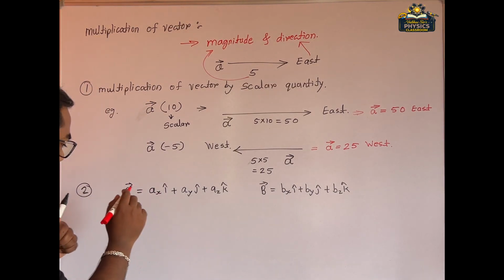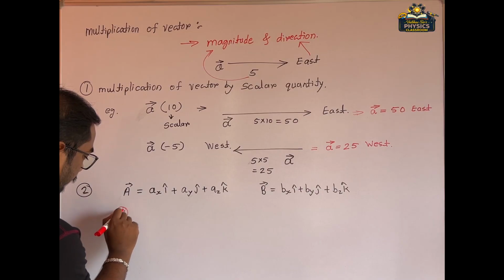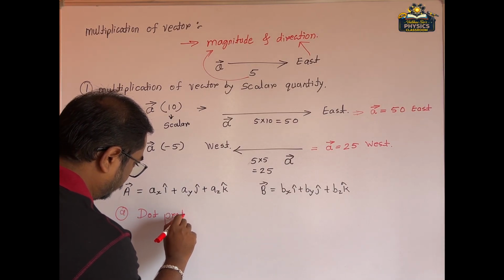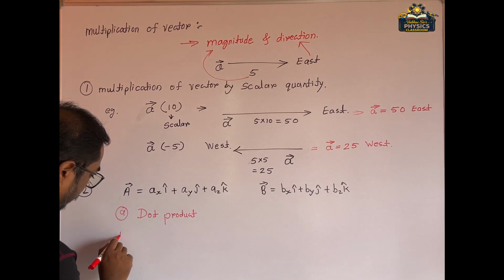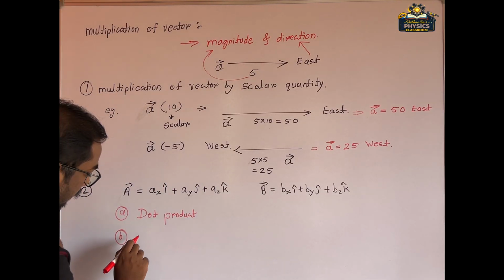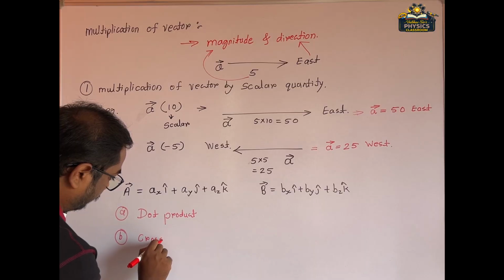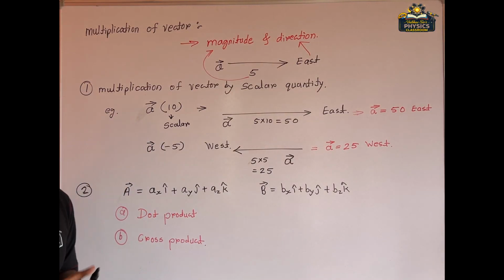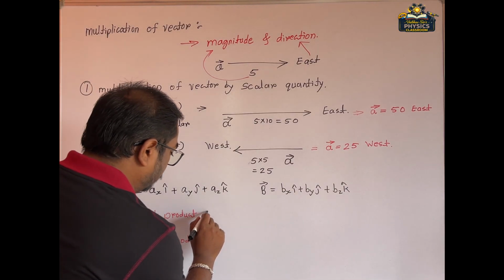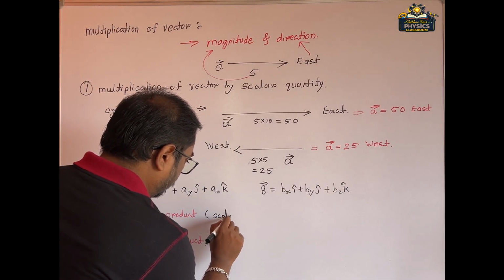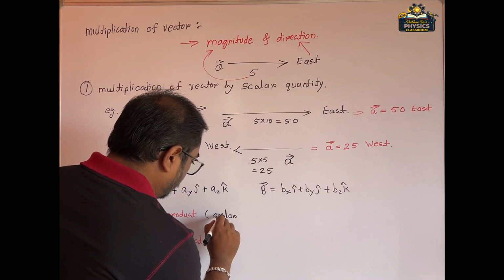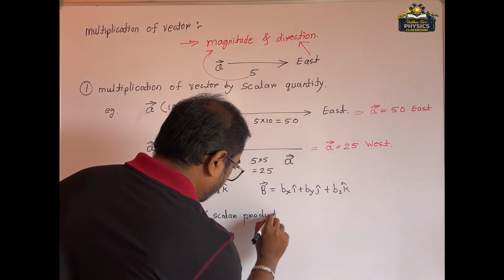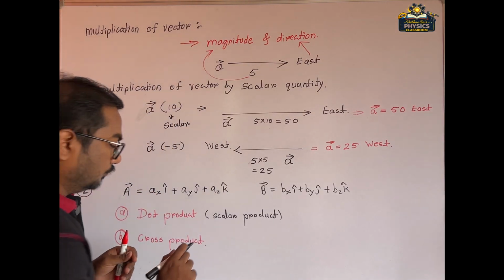The first one is the dot product, also known as the scalar product, and the second one is the cross product, which is a vector product.